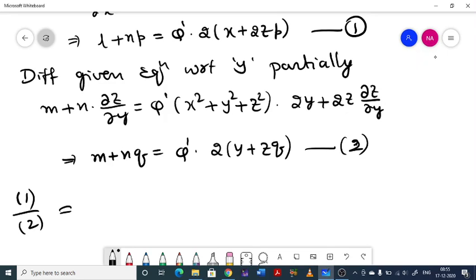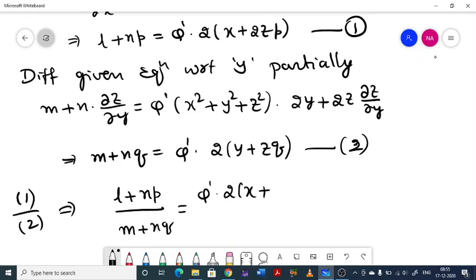That gives me L plus np divided by m plus nq equal to phi dash into 2 times x plus zp in the numerator, and similarly in the denominator, phi dash into 2 times y plus zq.